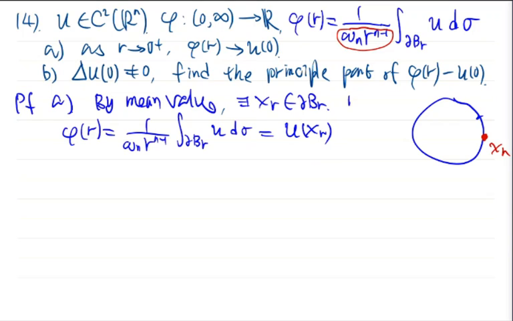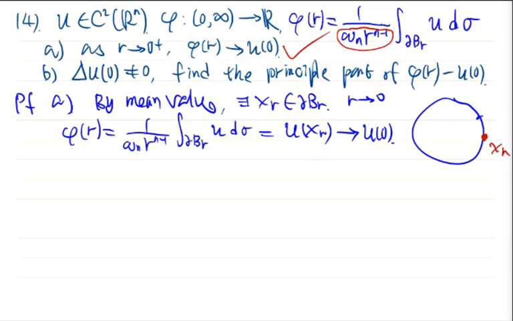Then when r goes to 0, x r goes to 0, so u at x r goes to u at 0 by the continuity of u. So this proves the first result, very easy.